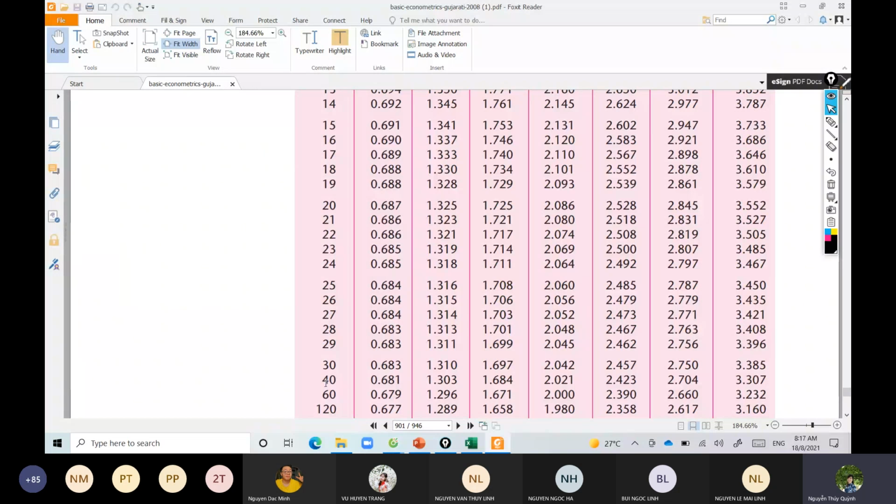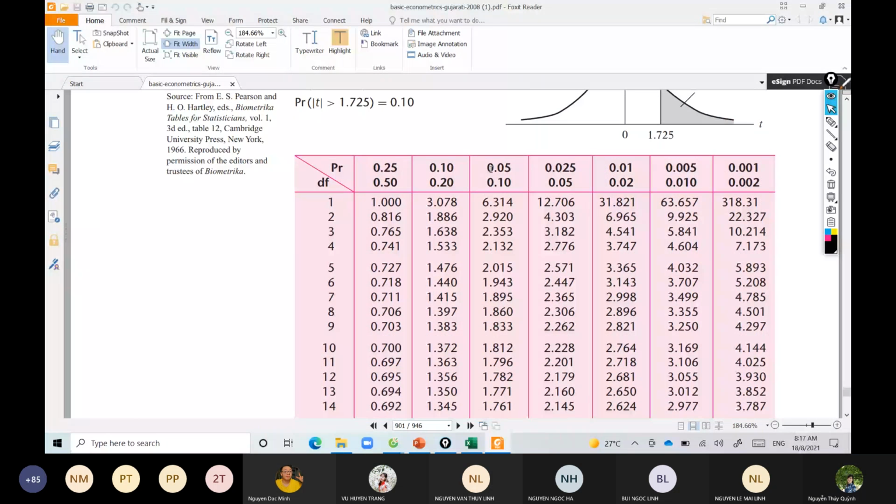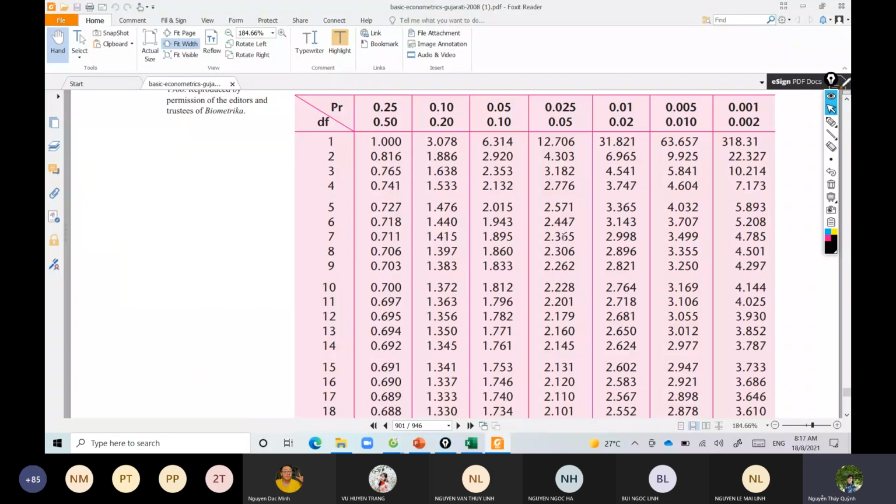Now, look at this table. Find the level of significance. We are constructing a symmetric confidence interval, or two-tail confidence interval. Then we have to use the lower row. 0.05 here, and down.